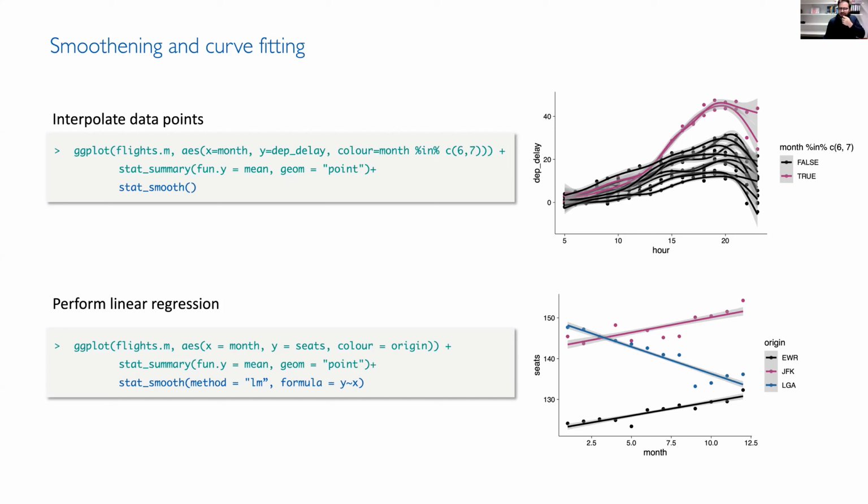What we find here is an almost perfect linear relationship between the month and the number of seats, which is positive for Newark and JFK, and negative for LGA, which is I think LaGuardia. So no idea where this comes from.